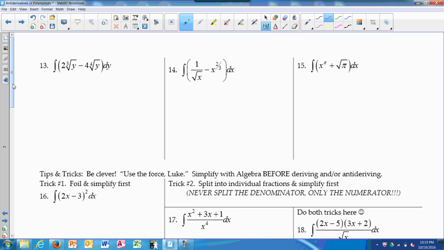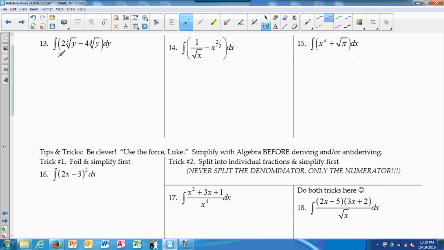For number 13, we're going to hold the constant and rewrite. So I have y to the 1/3 power and y to the 1/4 power this time as part of my integration. By the way, this entire thing is called an integral.